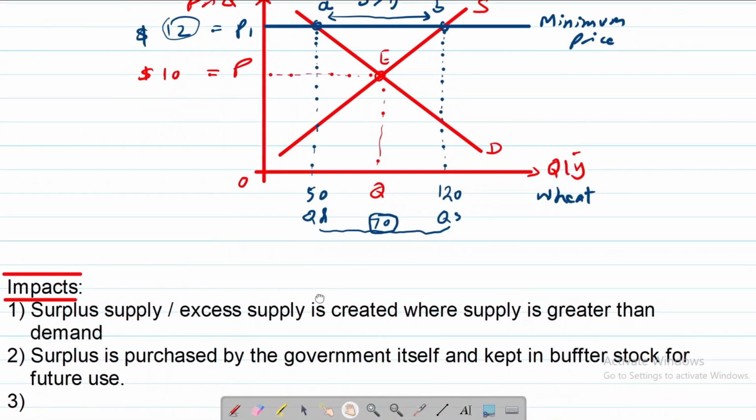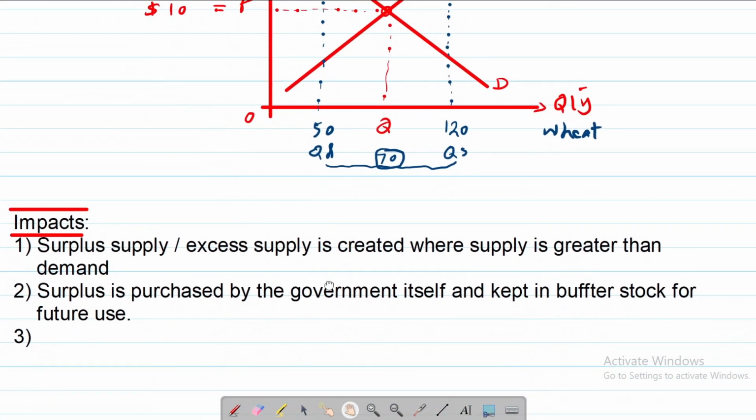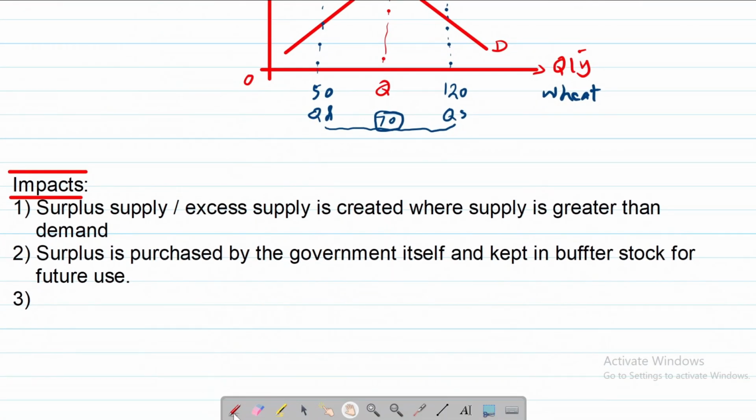And if we look into the basic impacts of minimum price, the first impact is there will be surplus supply. Surplus supply is when supply is more than demand, supply is greater than demand in the market. And the surplus is purchased by the government itself and kept in buffer stock.